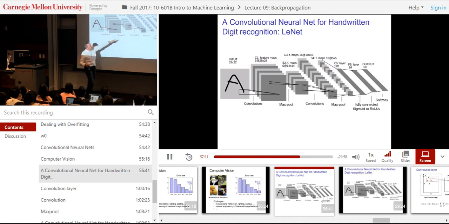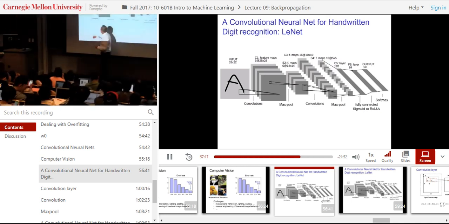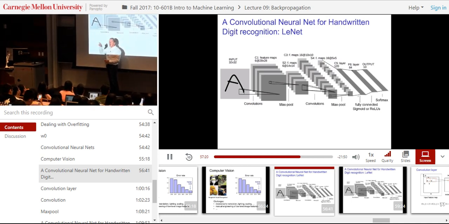And the job is to figure out what probability to assign to each of the 10 possible digits, 0 through 9. And we'll use the softmax, which is just the generalization of the logistic function, to train so that those 10 outputs correspond to the 10 probabilities we want to assign to the 10 candidate labels.